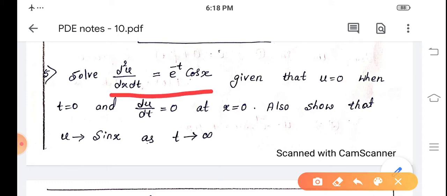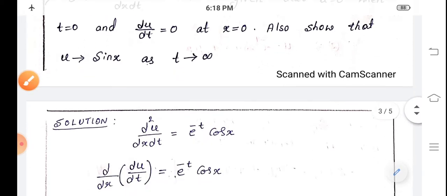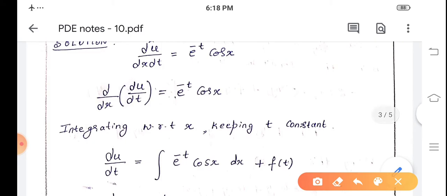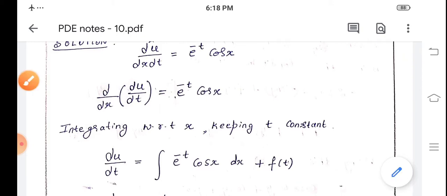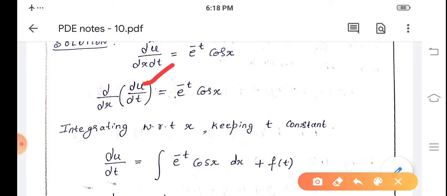So this is the given partial differential equation. We write it as ∂/∂x (∂u/∂t) = e^(-t) cos x. Here u is a function of x and t.